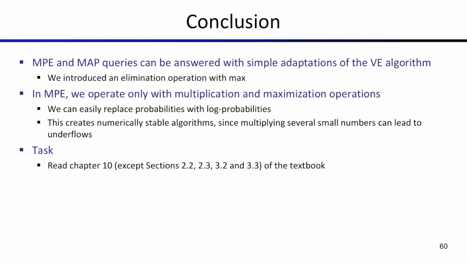But in this case, we lose the property of these algorithms to become more numerically stable, right? Because as we transform the probabilities into log probabilities, we can transform very small numbers into large negative numbers. And in this case, it is less likely that we will incur numerical underflows.